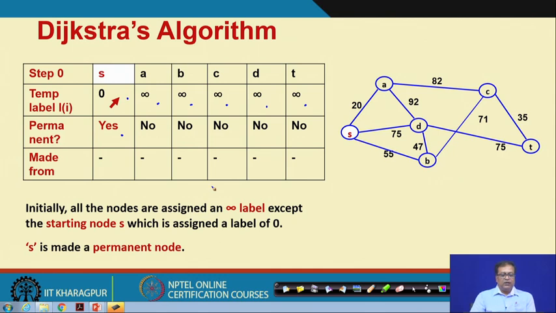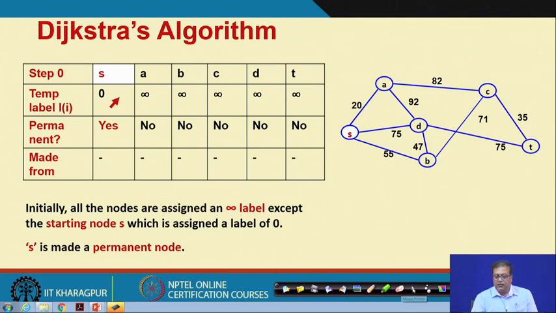If we also keep that made from, then the path computation will also be very easy. So, initially all the nodes are assigned an infinity level except the starting node S, which is assigned a level of 0. So, S is made the permanent node. That is where we begin. So, S is made permanent.